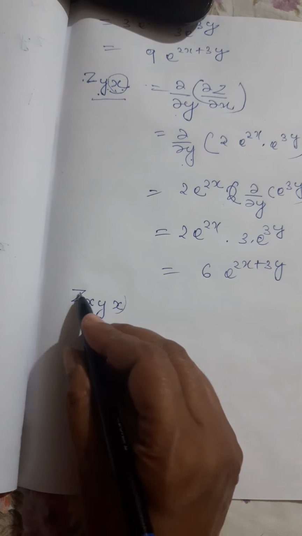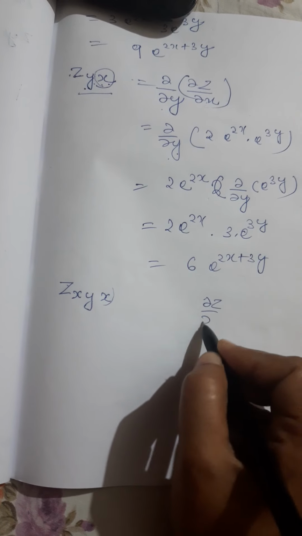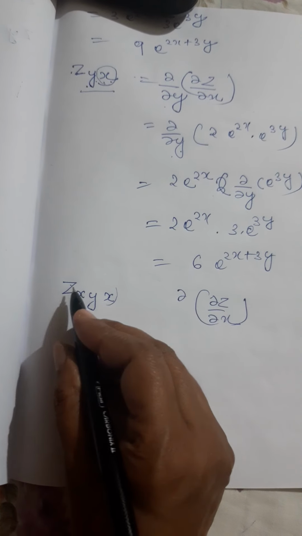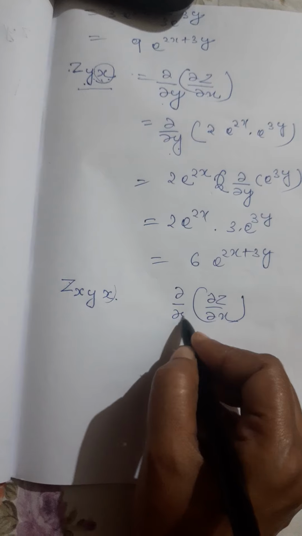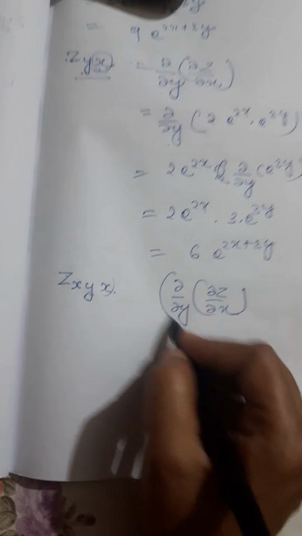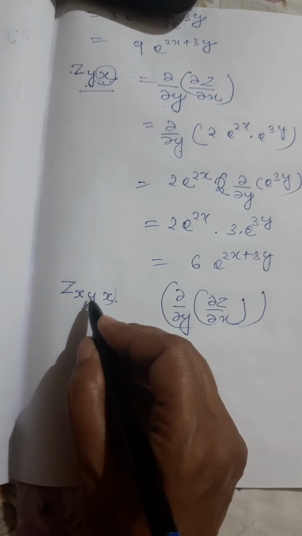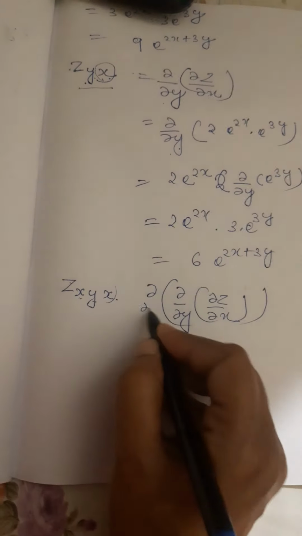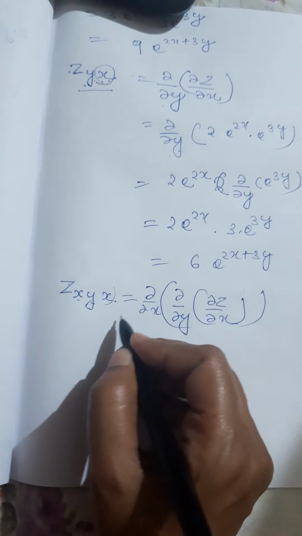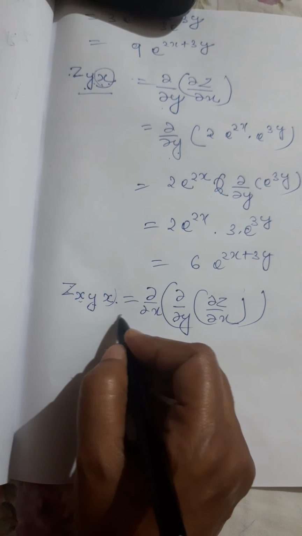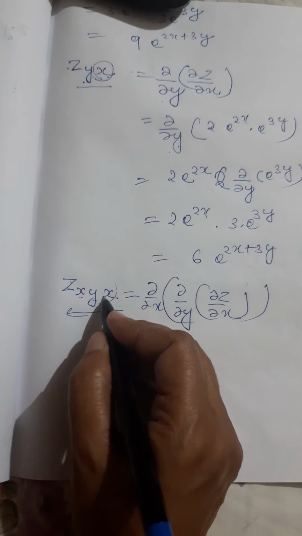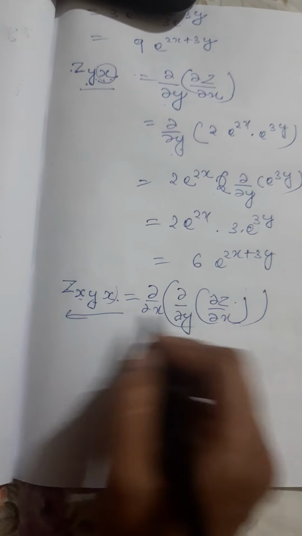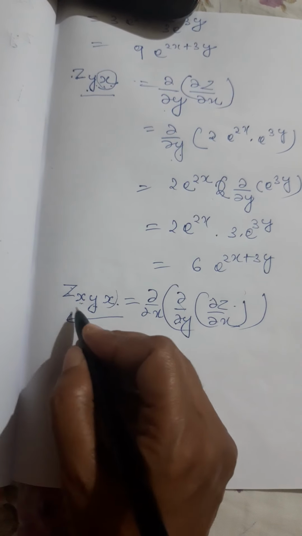First differentiate z with respect to x, then differentiate this del z by del x with respect to y, then differentiate this resulting one with respect to x. Okay, that means you have to differentiate z in this order, first with respect to x, then differentiate the resulting one with respect to y, then differentiating the resulting one with respect to x.